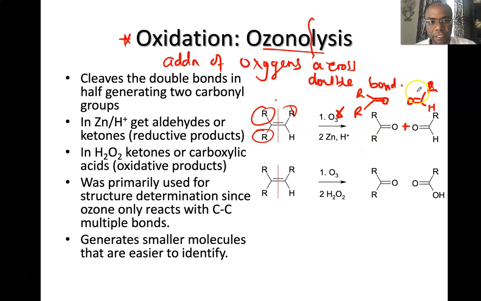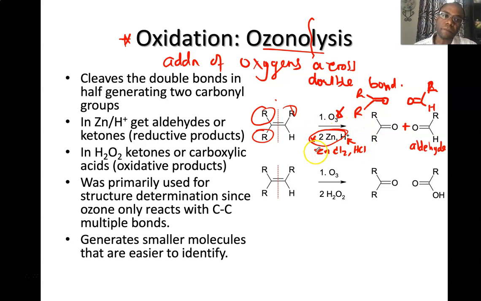Now, if you're using ozone and zinc, the aldehyde part stays. I repeat, this is very important. If you're using the ozone, step 1, zinc, step 2, usually it's zinc chloride, HCl. So that's the HCl, it's an acid, and this is just zinc now.